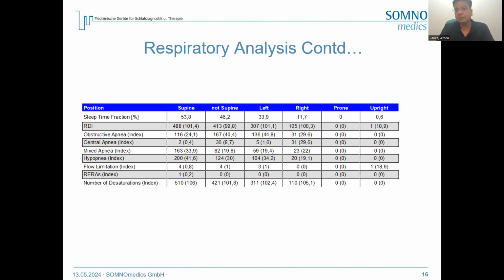Because, just as an example, if he is having an apnea hypopnea index of, for example, 12 or 13, but most of his apneas or hypopneas have come during the supine stage and have not come in the lateral positions, then as clinicians we can tell the patient, try sleeping in a lateral position and probably your apneas and hypopneas will not appear, because most of his apneas and hypopneas were coming in the supine position, as in my example. So positional analysis will especially help during mild to moderate cases of obstructive sleep apnea.